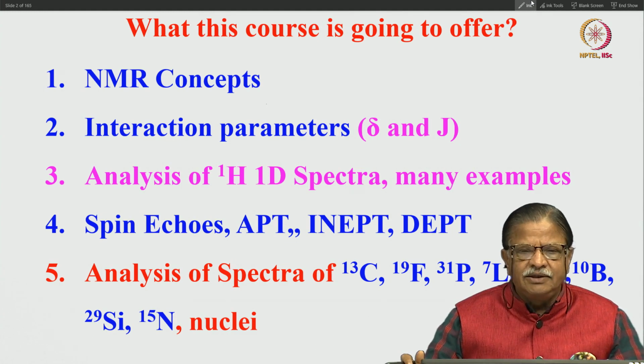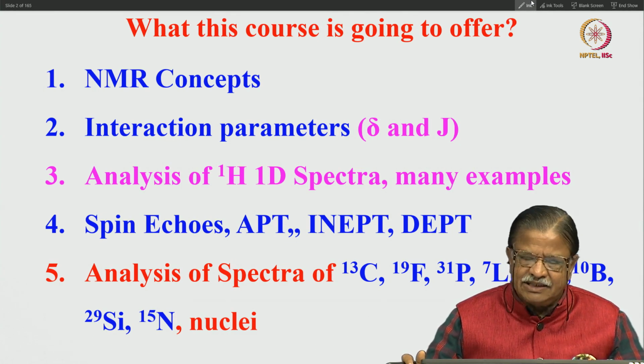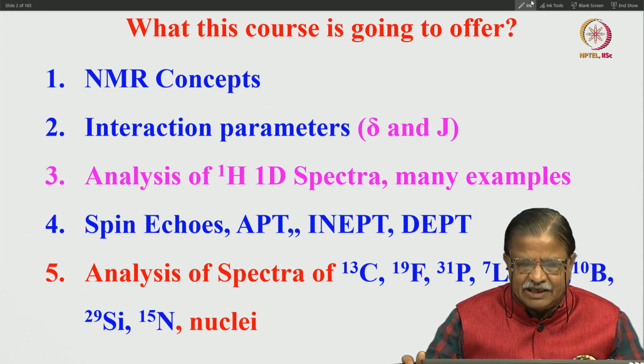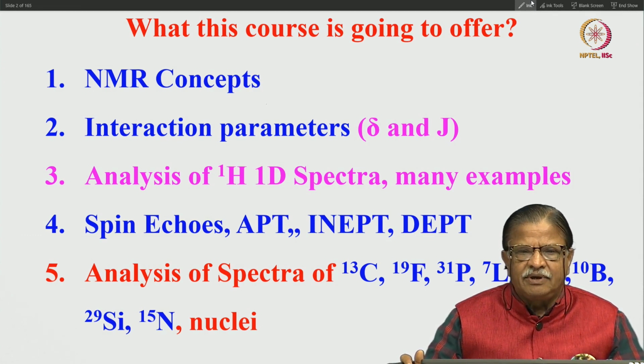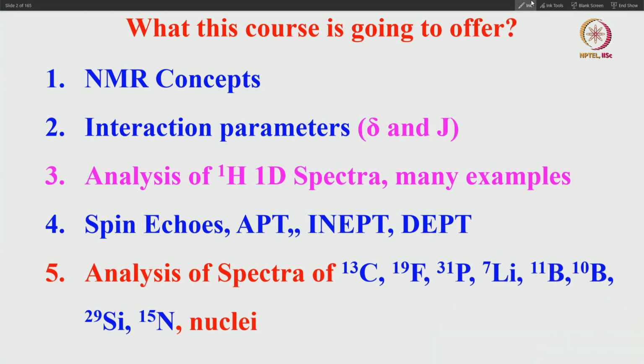As we go along, I will discuss spin echoes, attached proton test, INEPT, DEPT, etc., where we will try to enhance the signal intensity by polarization transfer in INEPT and DEPT.